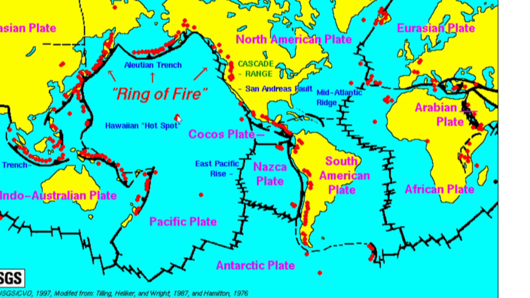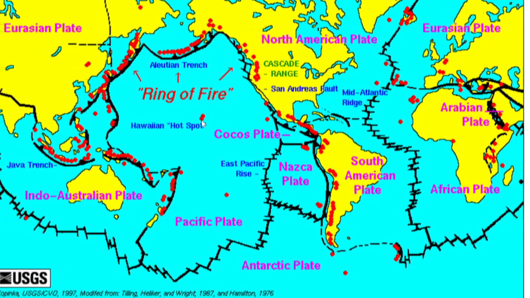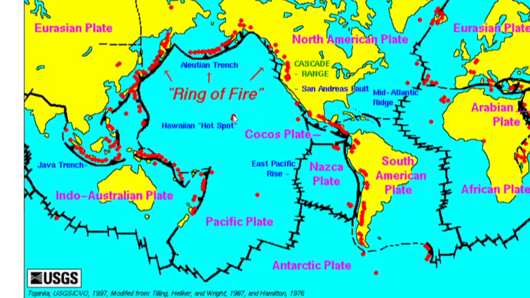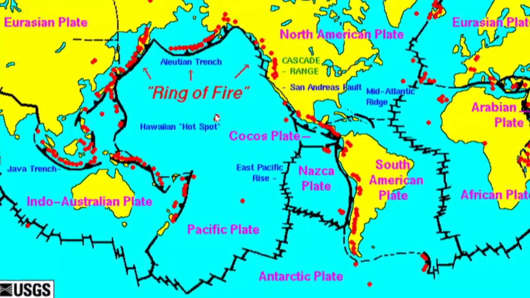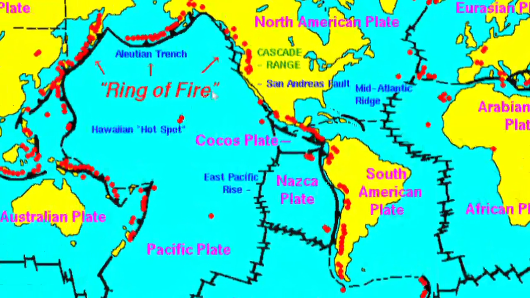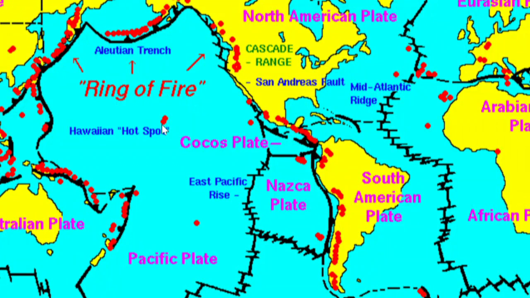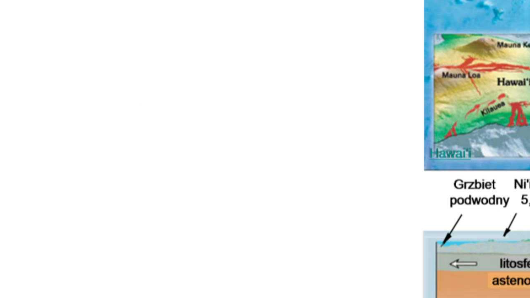The hot spot under Hawaii is a very, very strong convection current that exists in the middle of this plate, but it's not strong enough to create a rift valley. It's just strong enough to break through in a few spots. So the plate kind of gets cracked because we get things pushing through so much.